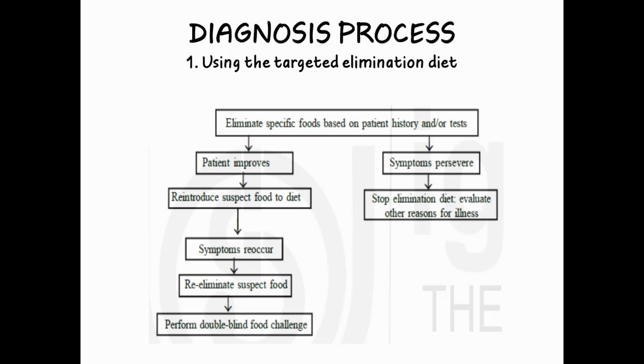We eliminate the specific food in a patient, then we see whether the symptoms persist, and then we stop the elimination diet and evaluate other reasons for illness. Okay, so this is how we do the diagnosis process using the targeted elimination diet.